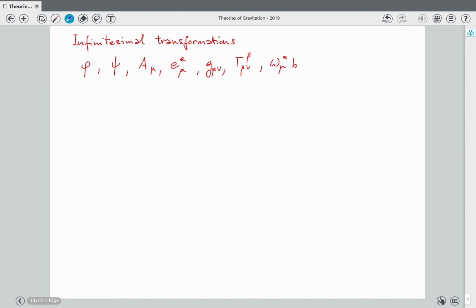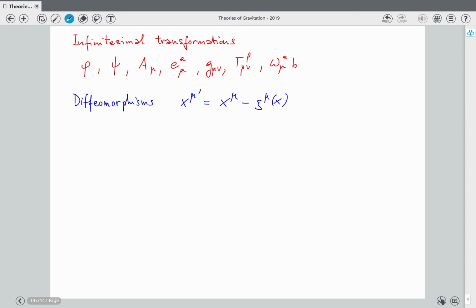So diffeomorphisms: x mu prime is equal to x mu minus psi mu of x.